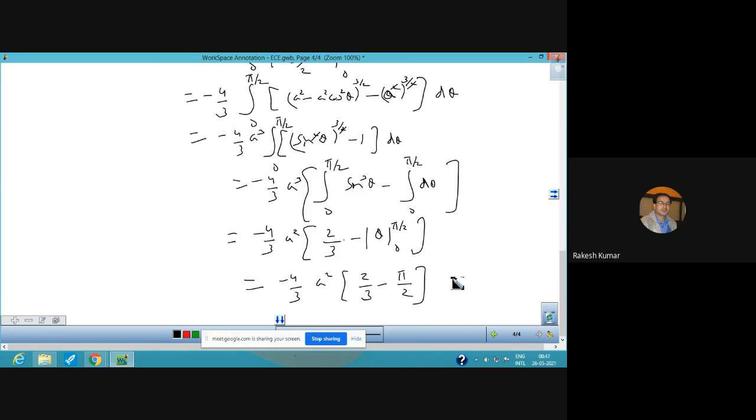So ultimately minus sign can be taken common. So your resultant value comes out to be, after taking LCM, you will have this. So this is the required volume of the portion of the sphere lying inside of the cylinder. Now remember, we are using the double integration formula. So volume can also be computed with the help of a triple integration, as we know.